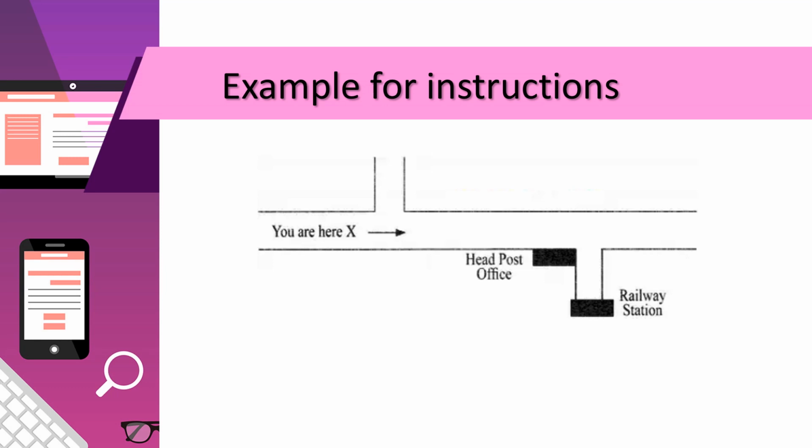How will you answer? You will give some instructions, like go straight, drive half a kilometer, you will reach a post office, then take right, then drive 1 kilometer. On the left side you can find the railway station.